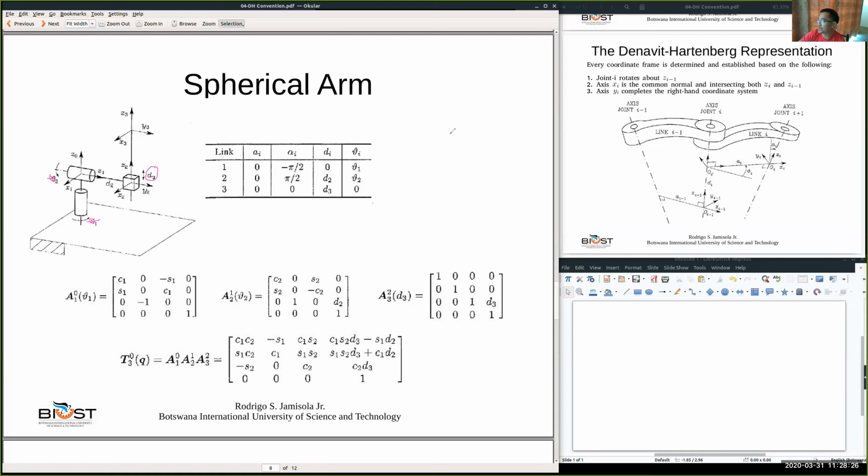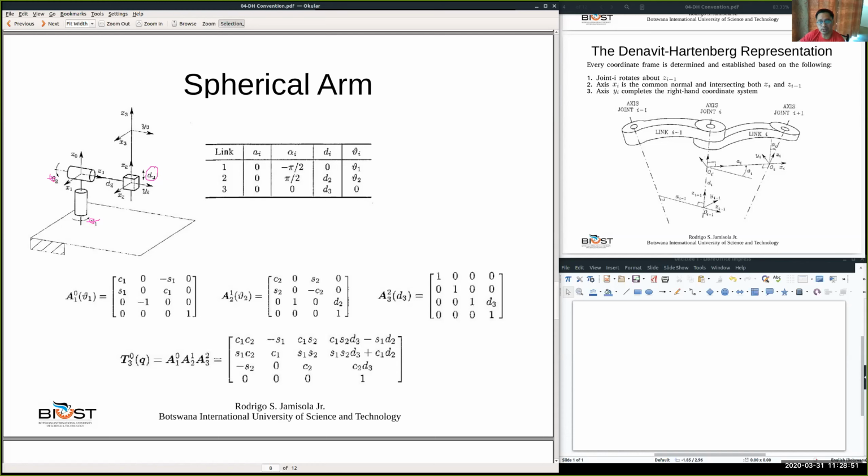Now we say that joint i rotates about Z(i-1). So in this case, joint theta 1 rotates about Z0. So Z0 is here. Let's follow the convention RGB: R is red, green, and blue.